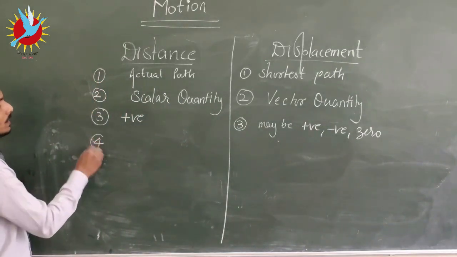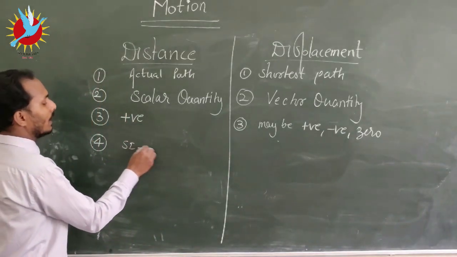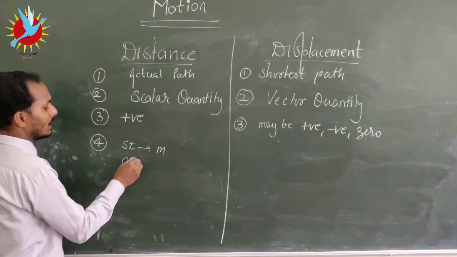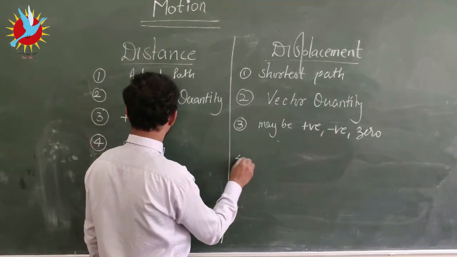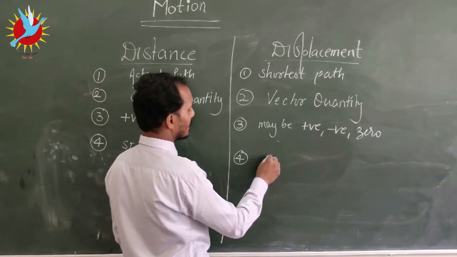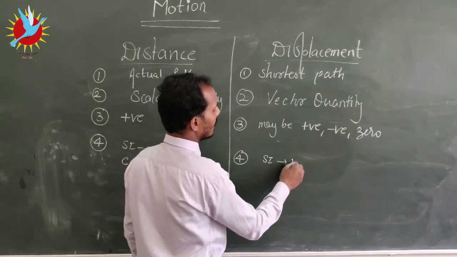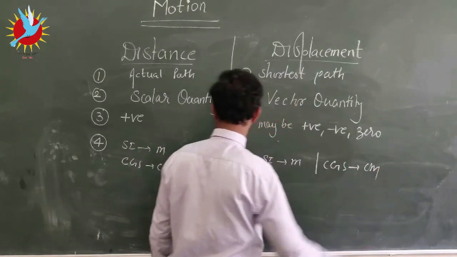Fourth point, compare the distance and displacement units. The SI unit of distance is meter, and the CGS unit is centimeter. In the same way, for displacement the SI unit is meter and the CGS unit is centimeter.